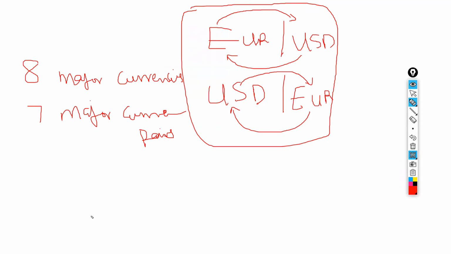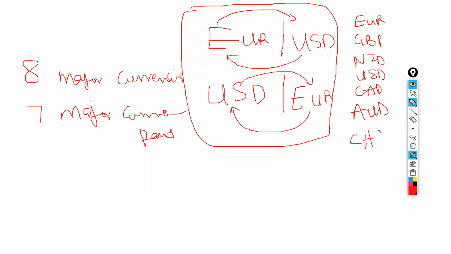Euro, Great Britain pounds, New Zealand dollars, USD, Canadian dollars, Australian dollars, Swiss francs, and Japan yen. 1, 2, 3, 4, 5, 6, 7.